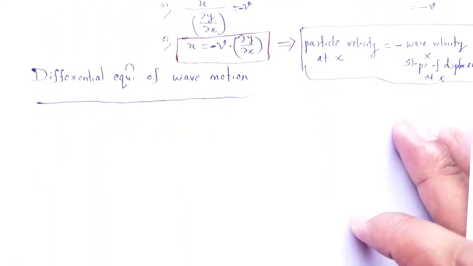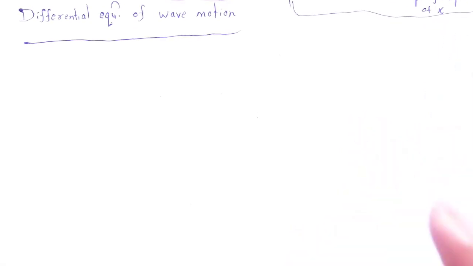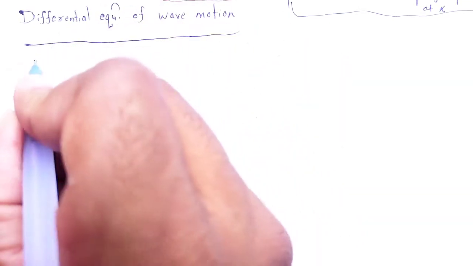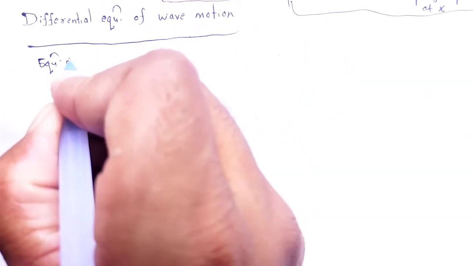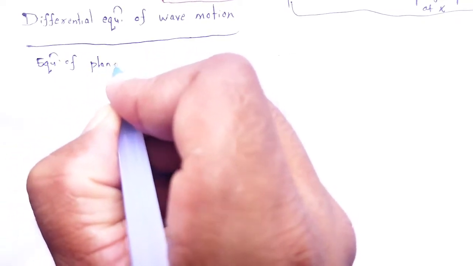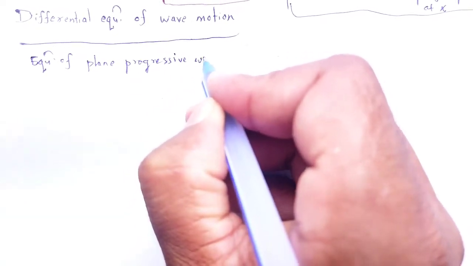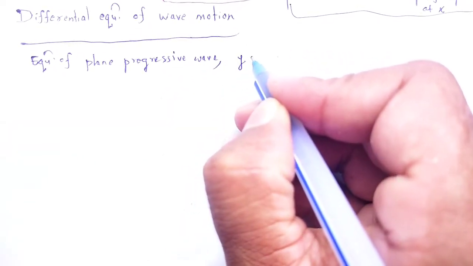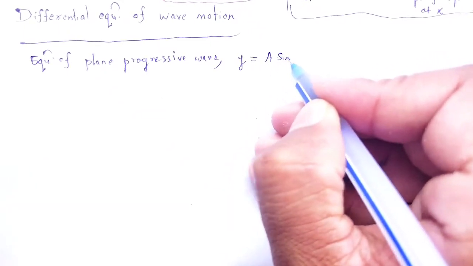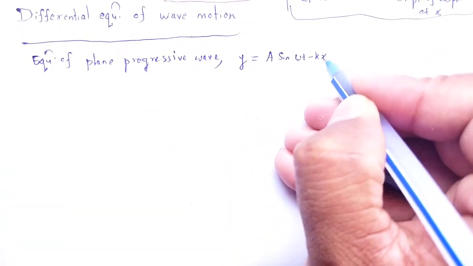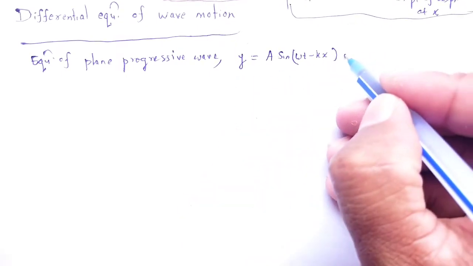Now, the differential equation of wave motion. Similarly, we consider a plane simple harmonic wave traveling through a medium along the x direction. Therefore the equation of the plane progressive wave is y is equal to a sin(omega t minus kx), as usual.